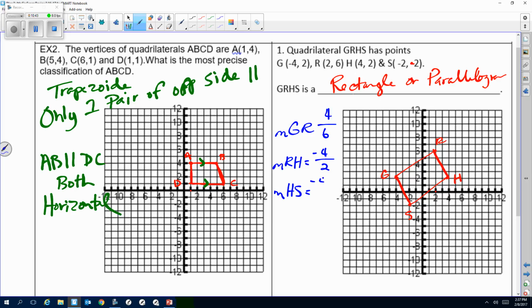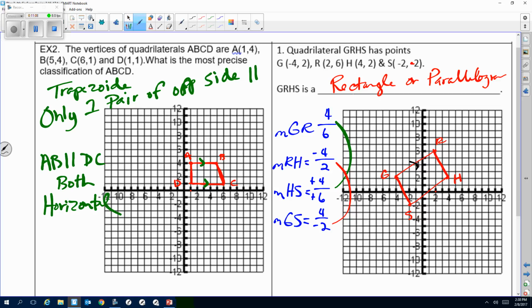So down 4, to the left, that ends up becoming positive. Uh-oh, we're starting to see a pattern here. And then the slope of GS. And that is up 4, and then to the left 2. So I can see right now we have opposite sides parallel, because we have those two and these two. So we at least have a parallelogram.